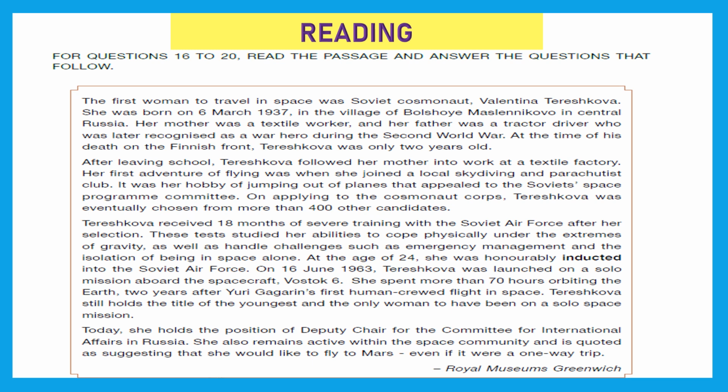Tereshkova still holds the title of the youngest and the only woman to have been on a solo space mission. Today she holds the position of Deputy Chair for the Committee of International Affairs in Russia. She also remains active within the space community and is quoted as suggesting that she would like to fly to Mars even if it were a one-way trip. Royal Museums, Greenwich.